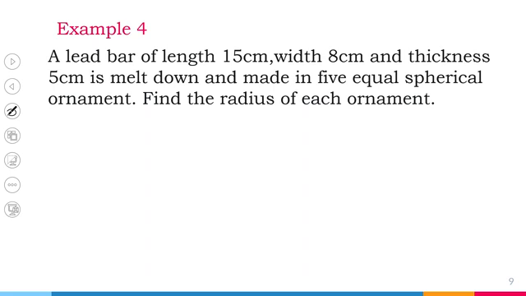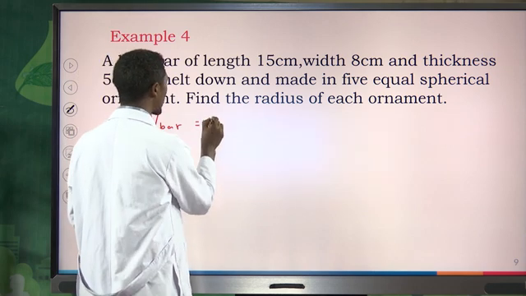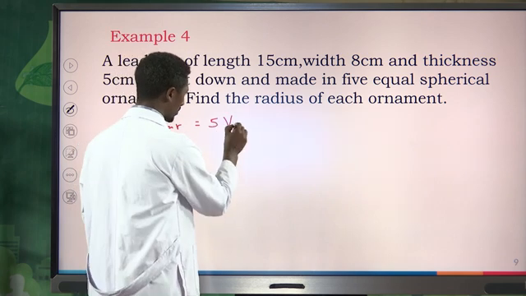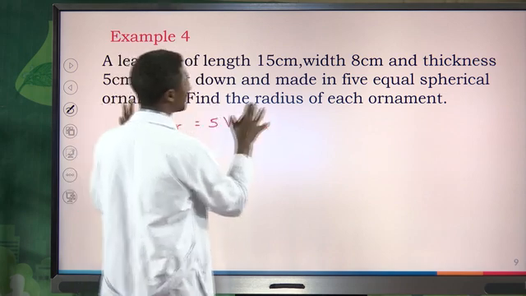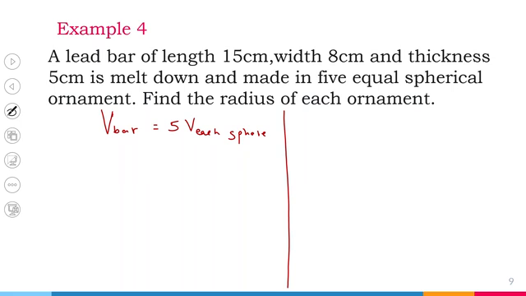So let's start by this. Volume of rectangular bar equals the volume of these 5 equal spherical ornaments, 5 times the volume of each ornament, which has a spherical shape, each sphere. So what is the volume of a rectangular bar?